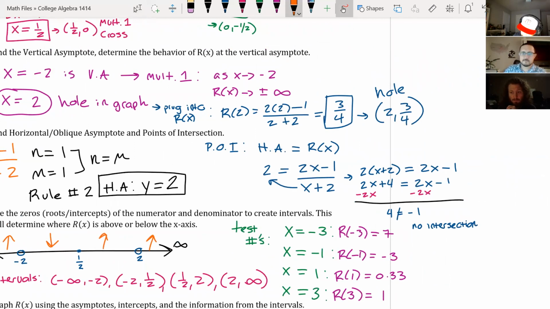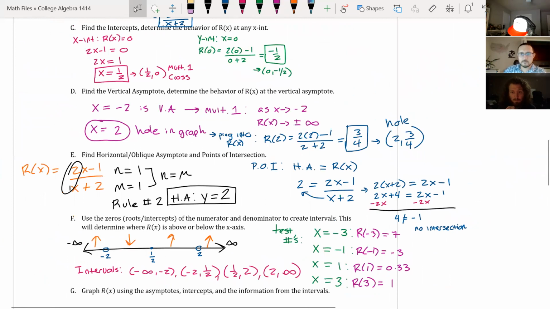So now we created points. So our points, actually, I'll write them up there.